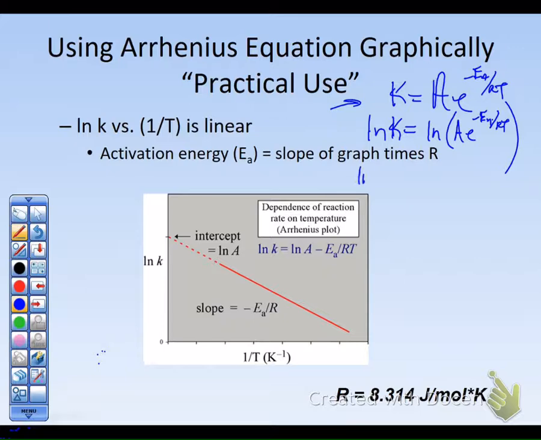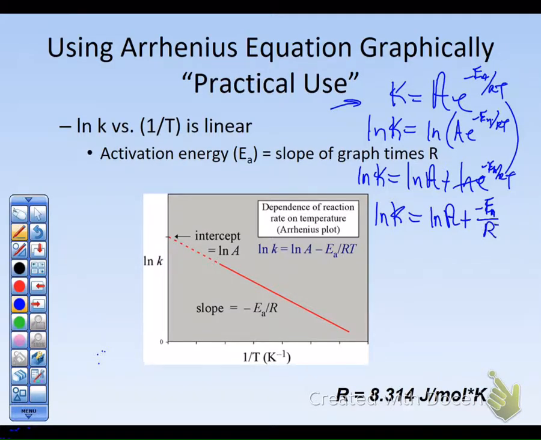All right, using our law of logs, we're going to get the natural log of A plus the natural log of e to the negative Ea over RT. And like many of you keep forgetting, e and natural log cancel each other out. So we're going to be left with the natural log of k equals the natural log of this frequency factor plus negative Ea, which is our activation energy, over RT.